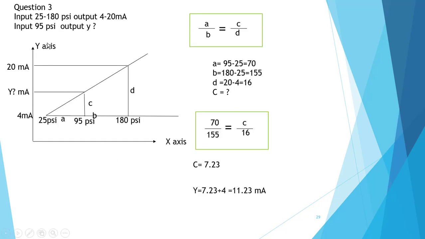This one is more complicated. Input 25 to 180 psi, output 4 to 20 mA. If the input is 95 psi, what's the output?